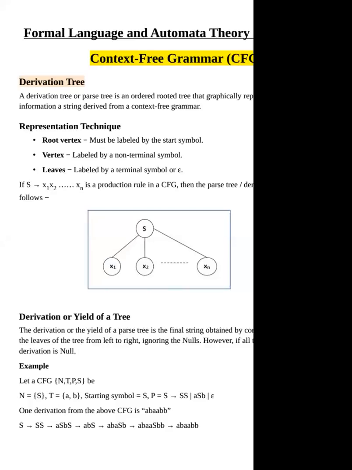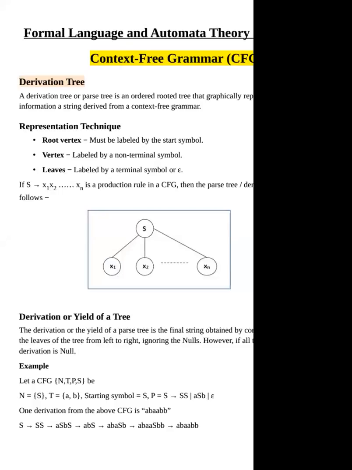When you are given a grammar, you are given a set of rules called productions, for example A implies B, B implies C. By the given grammar, we have to construct a sentence, a string, for example A, B, C, D, E, F, G. If we can construct the given string, then we are following some steps to construct it.